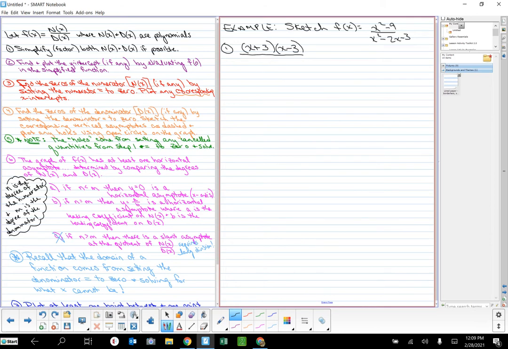And my denominator is a trinomial, 3 terms. You should think x method. And so I have a minus 3, minus 2. My side factors there are going to be a 3 and a 1. I need a negative and a positive. So those are going to be x minus 3, x plus 1.